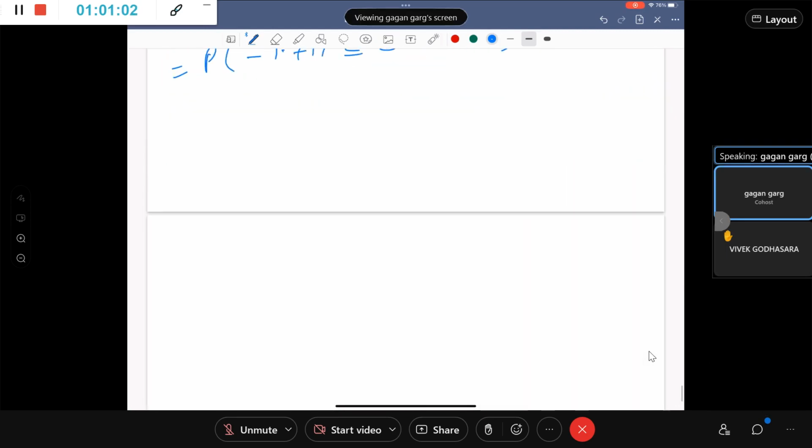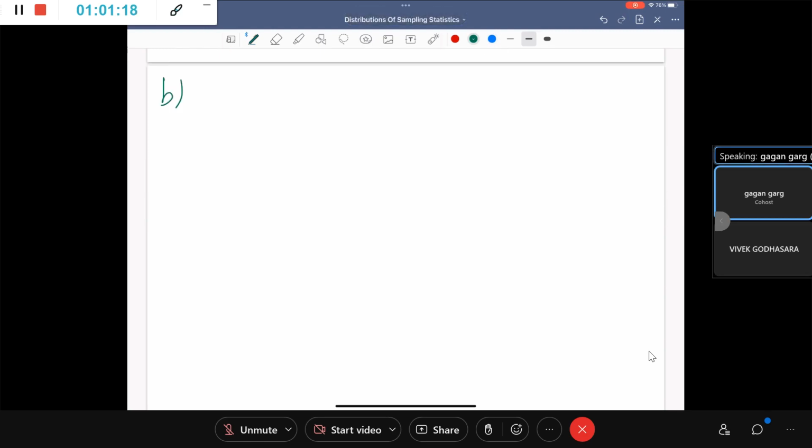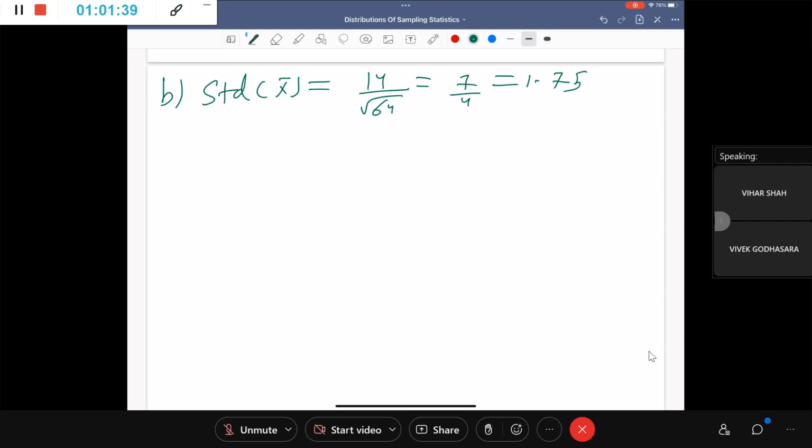Now, what about part B? Anybody got part B? What is the difference? In part B, the difference is in the standard deviation. What is the standard deviation in part B for x bar? 1.75. Yeah, 7 by 4. Exactly.